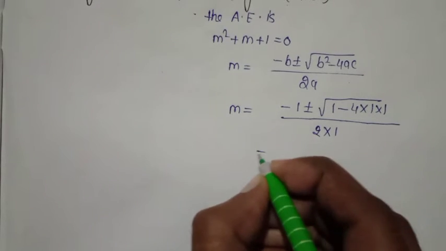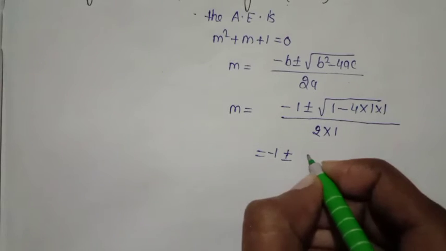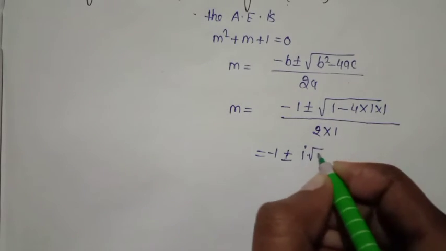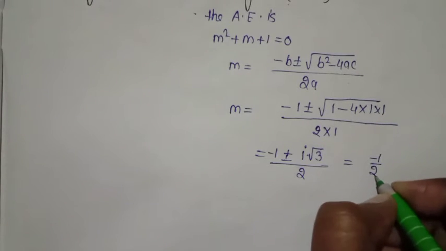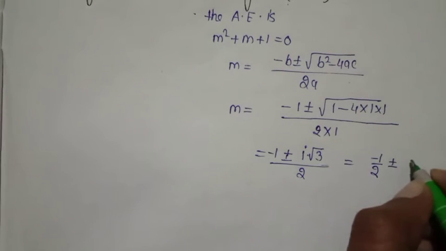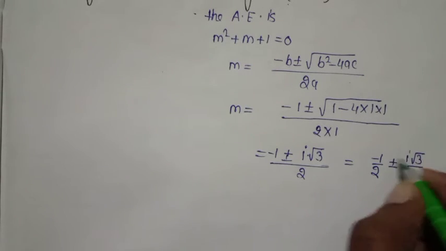If we solve it, we get minus 1 plus minus i root 3 by 2. So our real part is minus 1 by 2 and our imaginary part is root 3 by 2.